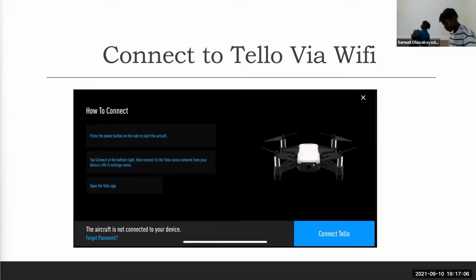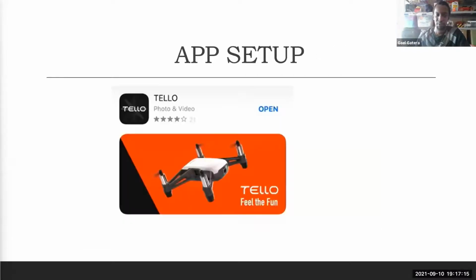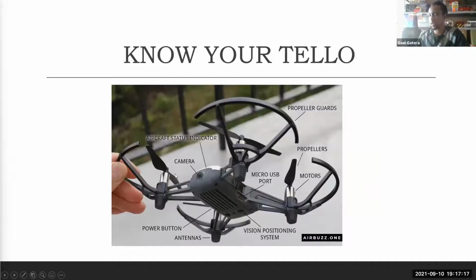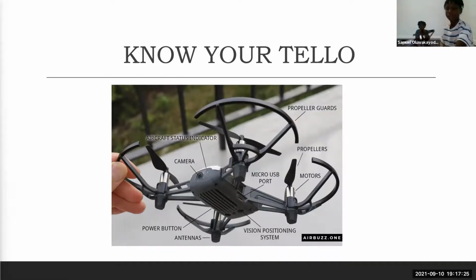Is there an on button? Yeah, the on button is on the other side. So look towards the bottom. Look, Samuel. If you look at the drone, look at the other side of the micro USB port. Yeah, that's the power button. So press that.